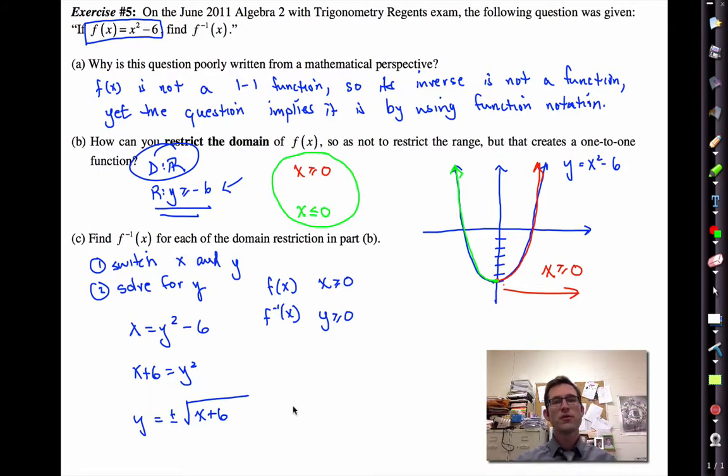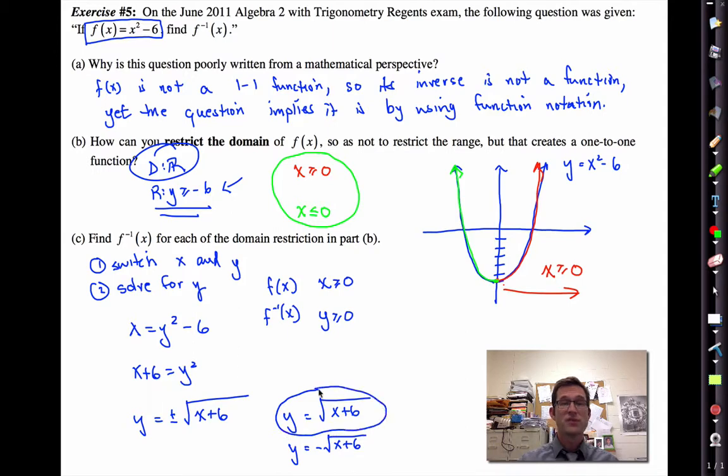So which one of these two formulas, we have y equals positive root x plus 6 and y equals negative root x plus 6, which one of them has y values that are only positive? Well, it's this one. This is where it's yet again very important to understand that I'm only getting one output there, and it's a positive output. So the correct f inverse for this restriction is root x plus 6.